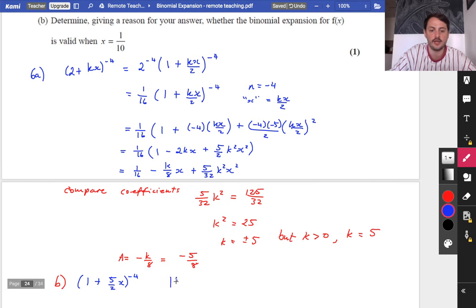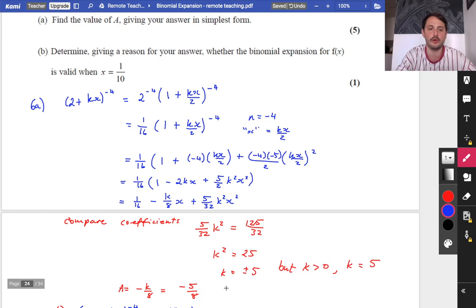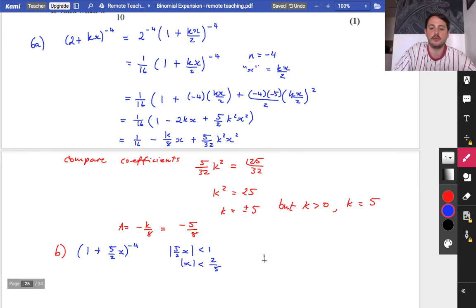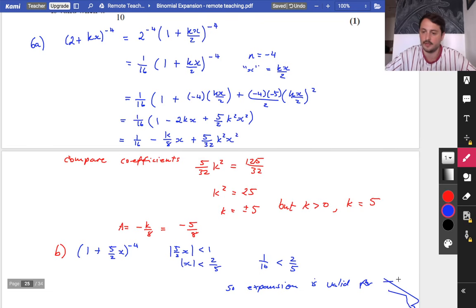So the thing that we're interested in is that 5 over 2x has got to be less than 1, which means that x has got to be less than 2 over 5. So 2 over 5 is 0.4, 1 over 10 is 0.1, so 1 over 10 is less than 2 over 5, so the expansion is valid for x equals a tenth.